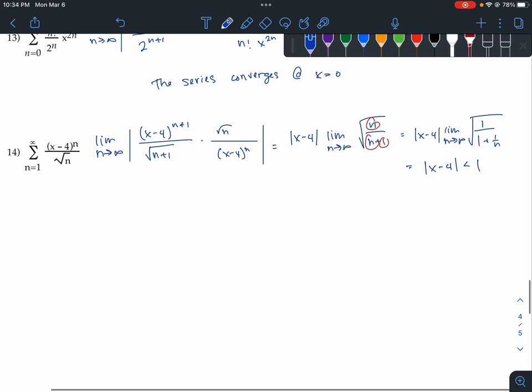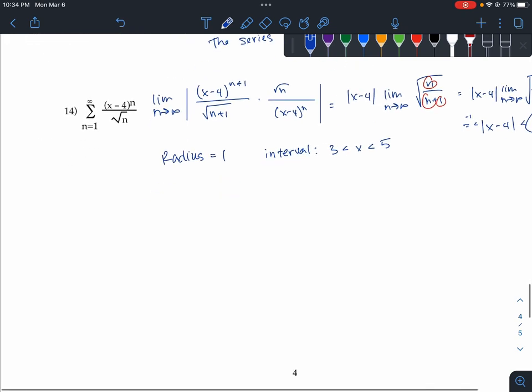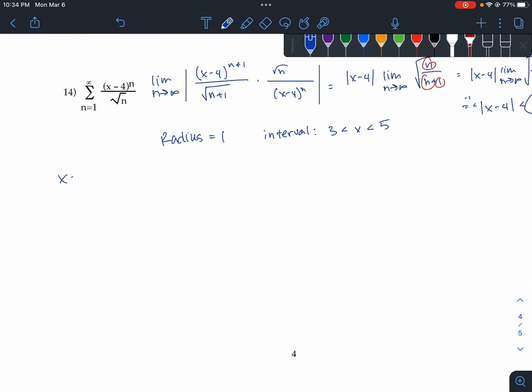So my radius is equal to 1, and my interval is going to be from x is less than, let's do negative 1 there, so that's going to be 5 and 3. Okay, so there is my interval from 3 to 5. And now we just need to test our endpoints. So let's say we have x equals 3, and we'll test x equals 5.